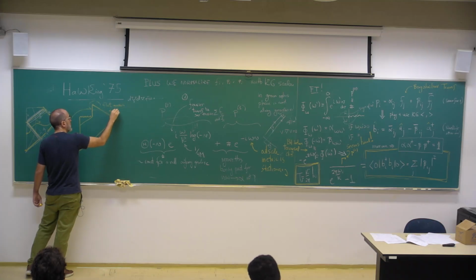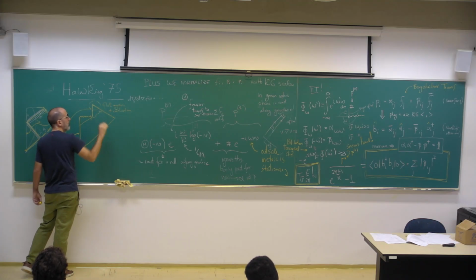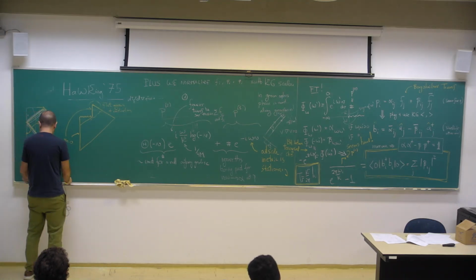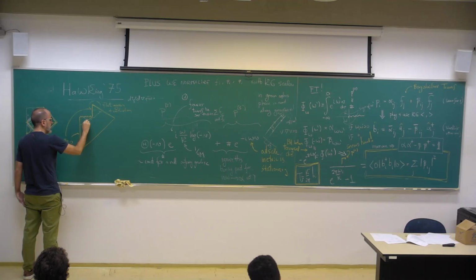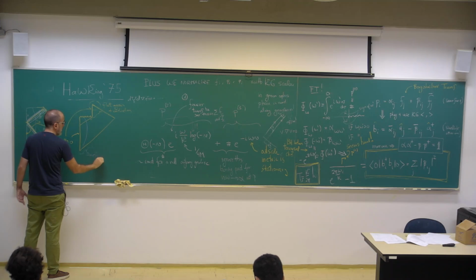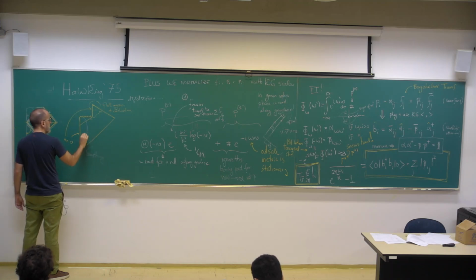Plus, of course, radiation that came from the black hole. And okay, that's of course the beginning of all this business of the information puzzle and so on. I started with something, I had some non-trivial state that I throw in, and I throw in all this stuff.